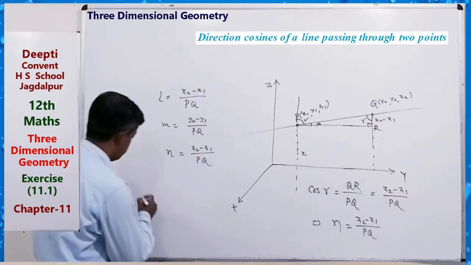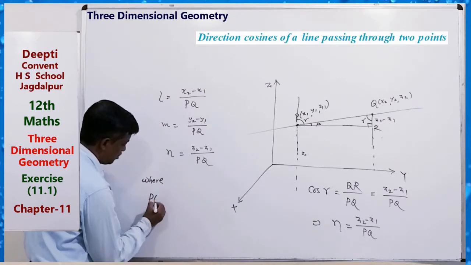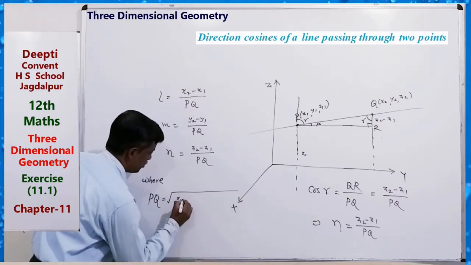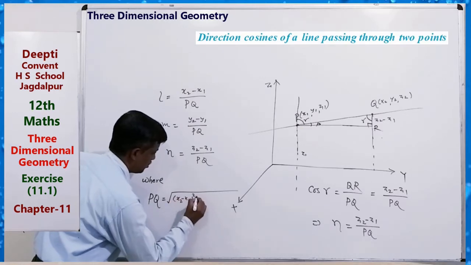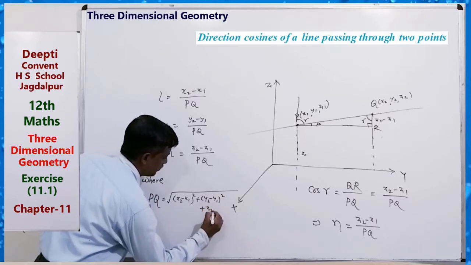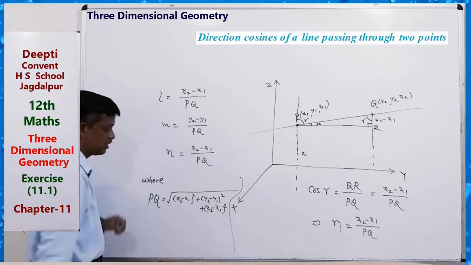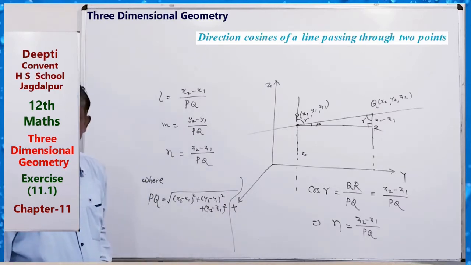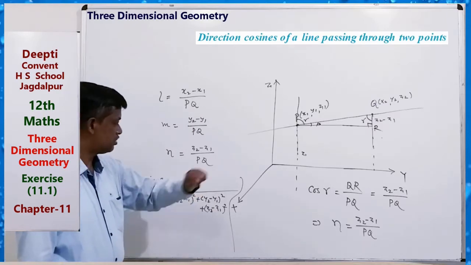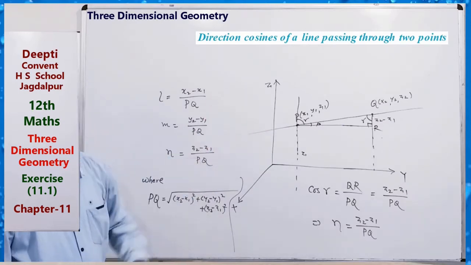And PQ is the distance between the two points, by the distance formula: PQ equals root of (x2 minus x1) square plus (y2 minus y1) square plus (z2 minus z1) square.